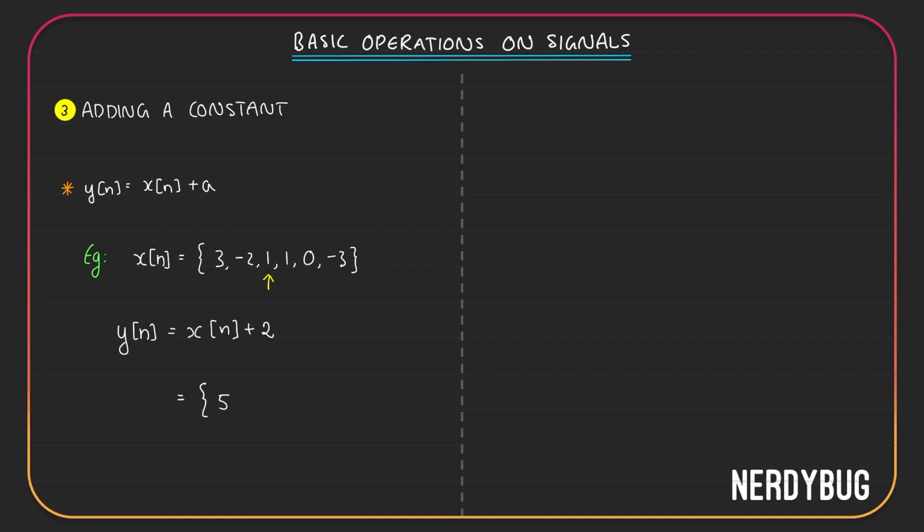That is, 3 will become 5, -2 becomes 0, 1 becomes 3, 1 becomes 3, 0 becomes 2, -3 becomes -1, and obviously I have to mark the middle term. It will be corresponding to the original middle term 1, so 3 is the middle term. If it is x of n minus 2, then every term will have 2 subtracted from it.